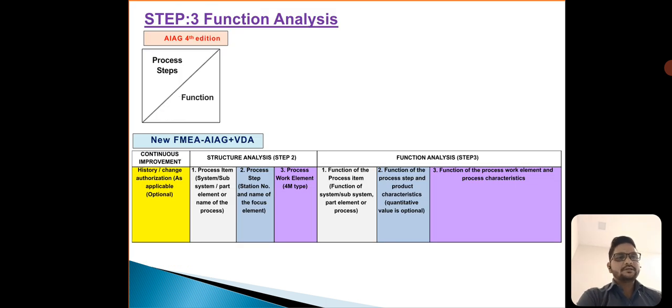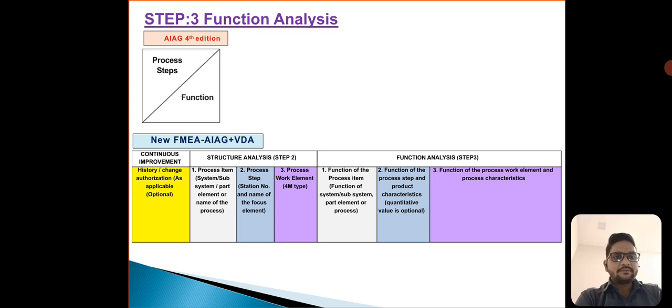Now step three is the function analysis. Function analysis in AIAG 4th edition was process step and function in one column. Now in function analysis, what is the function of the process item, meaning system, subsystem, and component? What is the function of the process step and product characteristic?